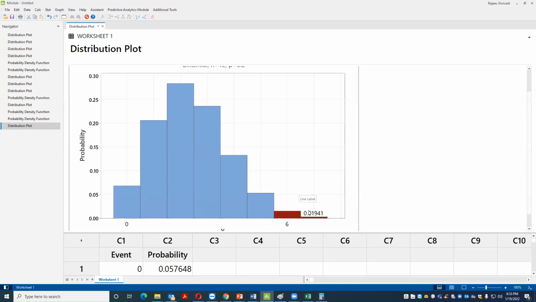If it says 5 or more than 5, then I would put 5. This is a very technical point: you have to figure out the correct X value. So the probability is 1.94%, or about 2%, that more than 5 people will be positive.